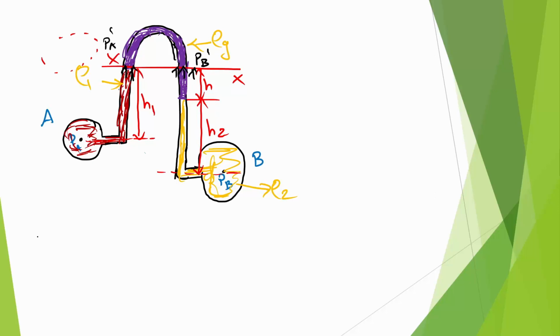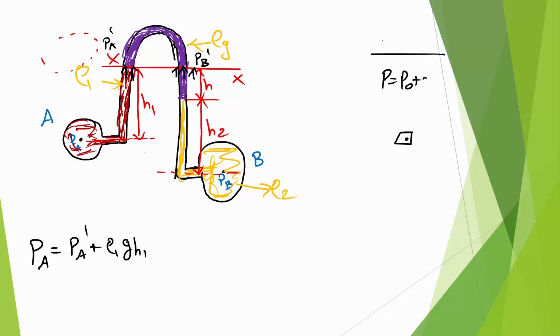Now my pressure at PA, that is my pressure at the bottom, should be equal to PA dash plus rho 1 g H1, because if I have to find the pressure at a particular point and I know the pressure at the reference point at the top, the more I go below, the pressure increases. We have derived P is equal to P naught plus rho g h, so we are using this formula.